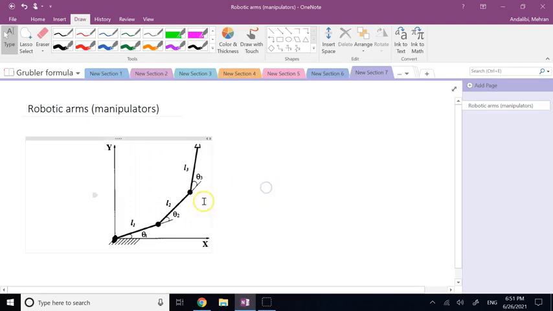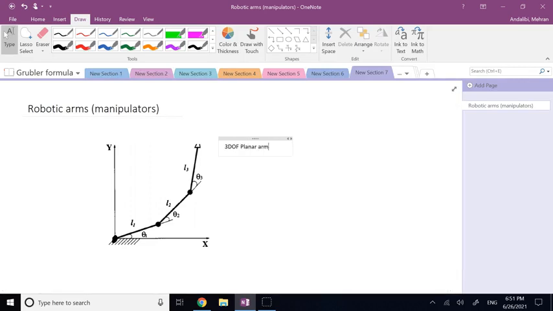For example, here, this is what we call the 3 degree of freedom planar arm, the 3DOF planar arm. Everything is planar, everything is 2D, but you have 3 joints that you can actuate. So you have joint 1 here, joint 2, and joint 3 with angles theta 1, theta 2, and theta 3 under your control. Clearly here you have 3 members that you can move.